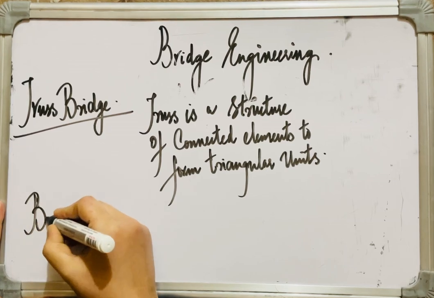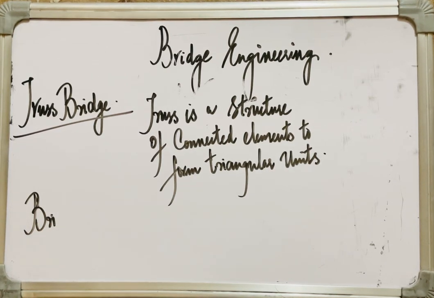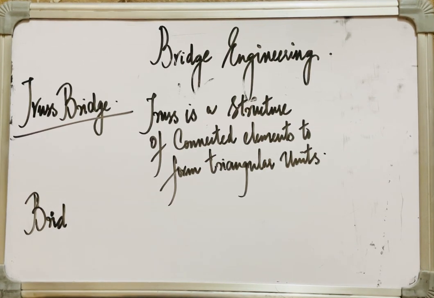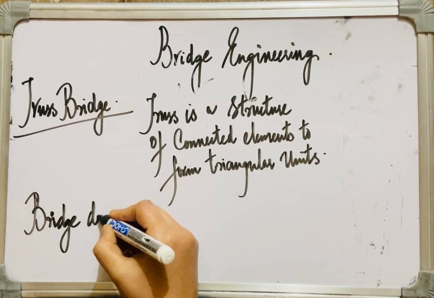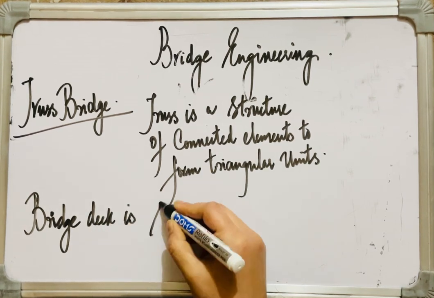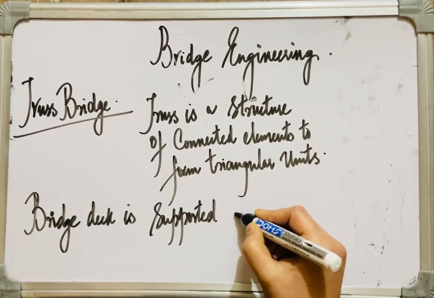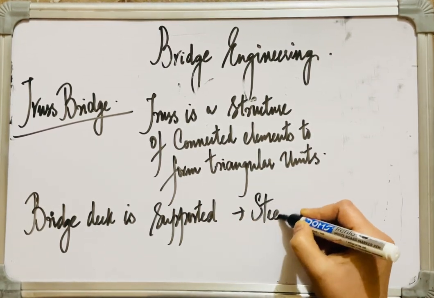So the bridge deck in case of a beam bridge was supported by cross beams or girders, but in case of a truss bridge, the bridge deck is supported by means of steel trusses.